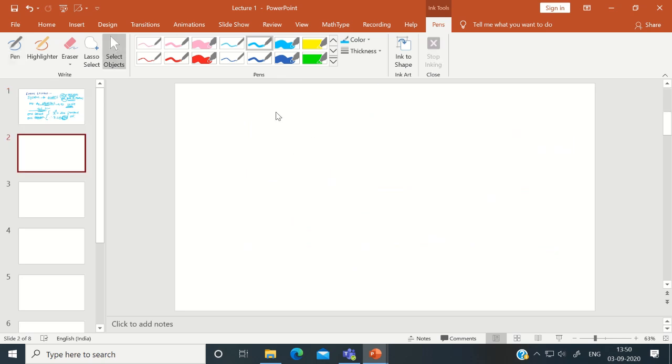Let us consider another case. Now I consider two very simple equations. Suppose I say x plus 2y is equal to 80, and the second equation is minus 3x plus 8y is equal to 100.